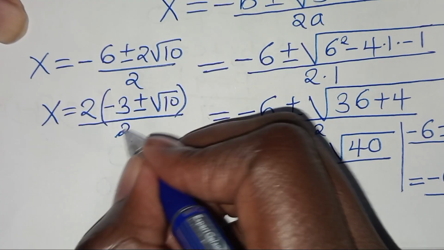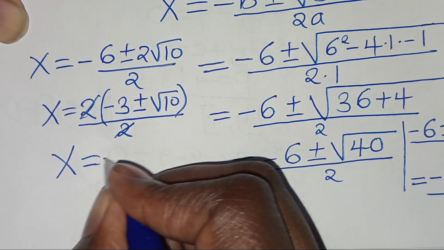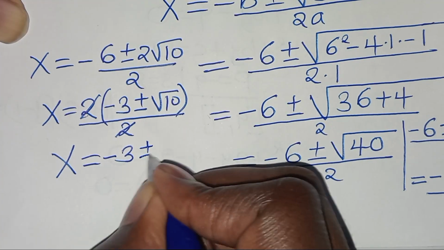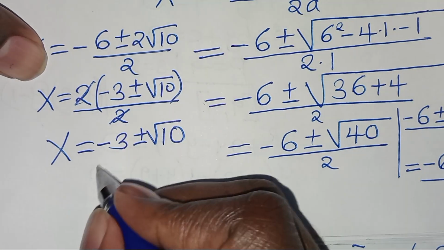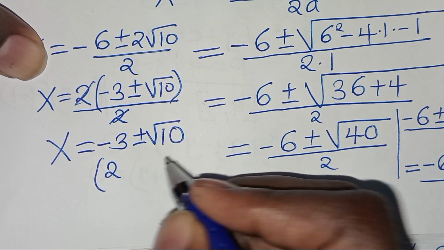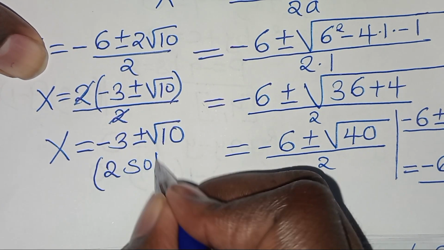So let's simplify by 2 and by 2 so that x is equal to minus 3 plus or minus square root of 10. So in this case we have two solutions.